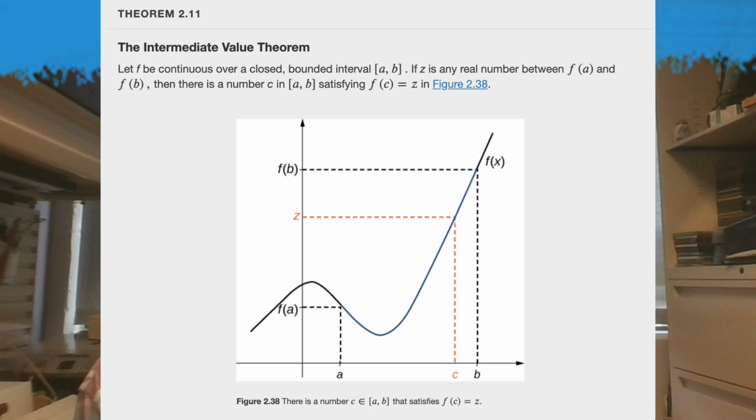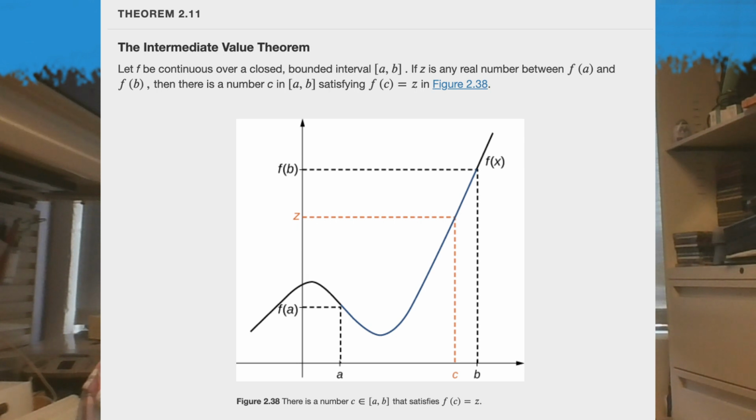One of the important results of having a continuous function allows us to use what's called the intermediate value theorem. The intermediate value theorem requires you to start off with a continuous function.